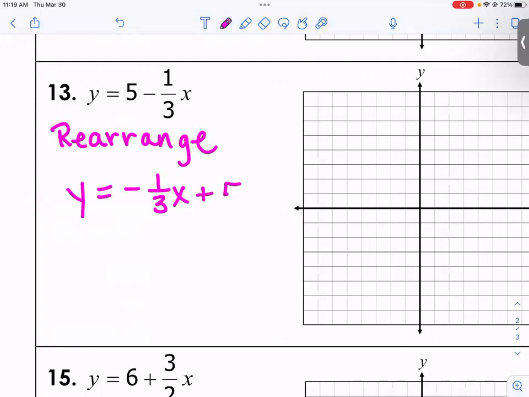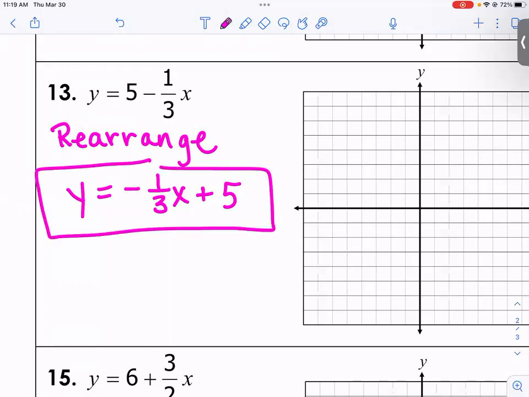Positive, so we would need to write +5 on that. Now I want you to graph that for me. Now that we have this rearranged, so y equals negative 1/3 x plus 5, I want you to graph it.